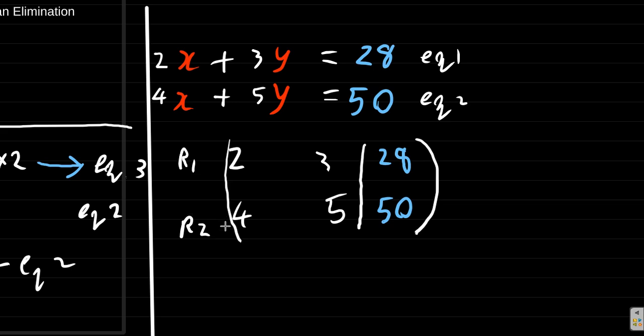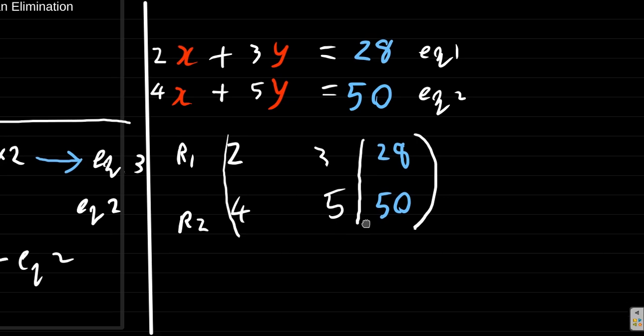Now, the aim is to have this in what is called row echelon form. The word echelon means to rank or to put in a certain order. For example, talking about persons in the upper echelons of society, looking at a class or a rank, it means the upper class.